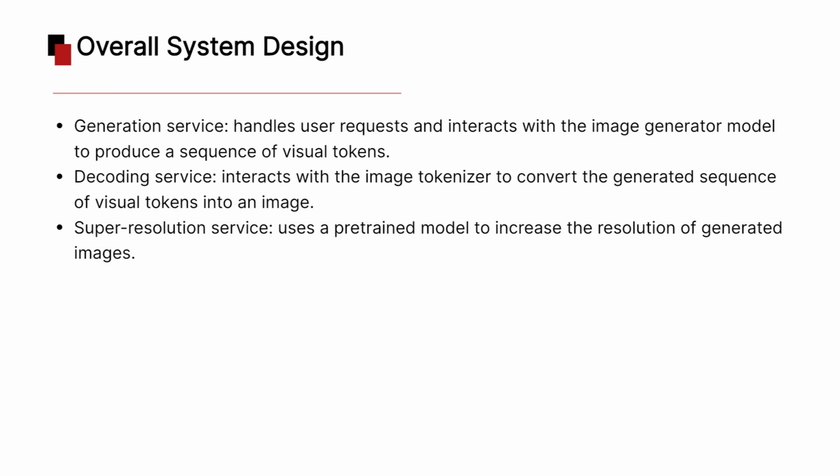The data pipeline is responsible for preparing the training data. It cleans and normalizes images, processes and enhances captions, removes low-quality or inappropriate content, and tokenizes both text and images. This ensures that the model receives high-quality, consistent data during training, which is critical for both performance and reliability.